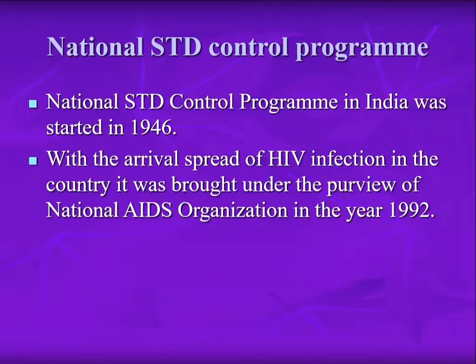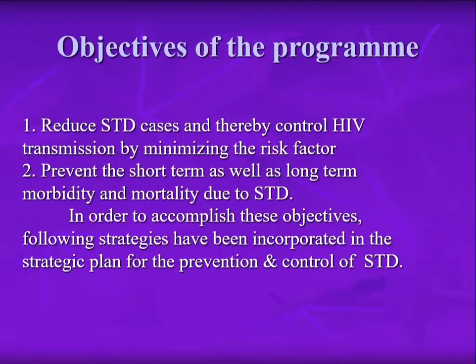The objectives of this program are to reduce sexually transmitted diseases, thereby controlling HIV transmission by minimizing risk factors, and to prevent the short-term as well as the long-term morbidity and mortality due to sexually transmitted diseases.